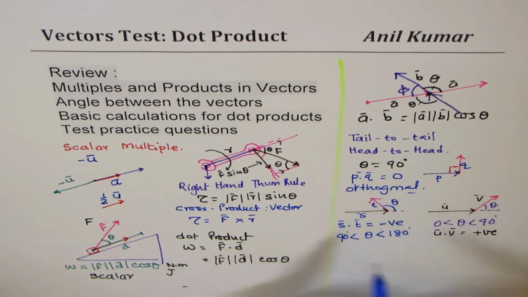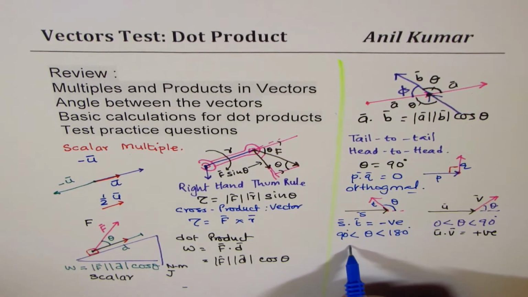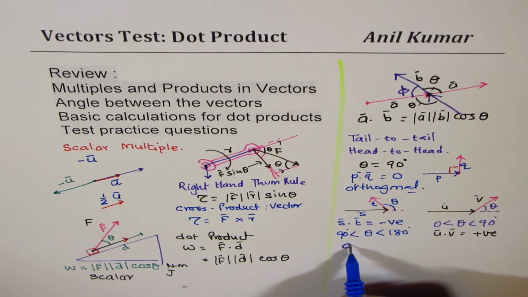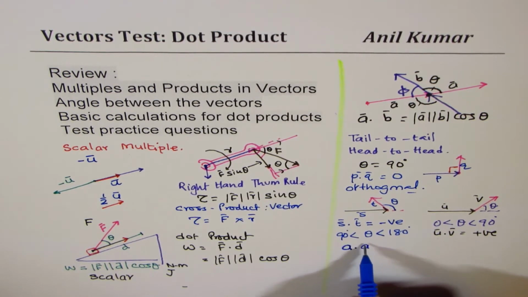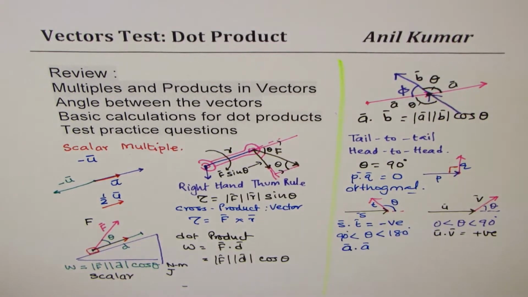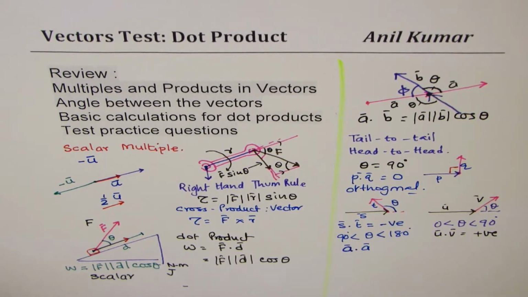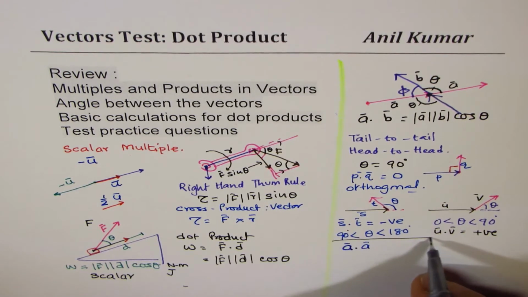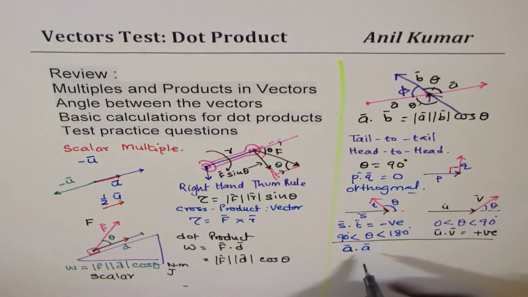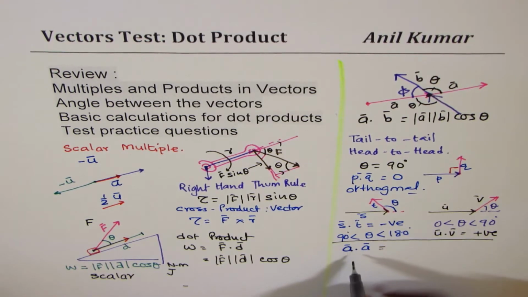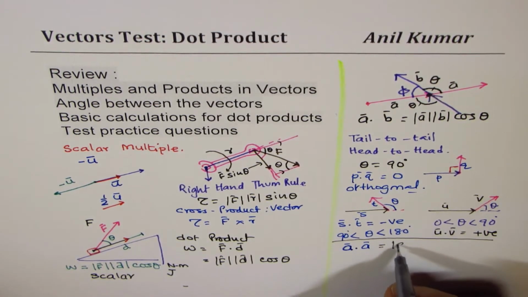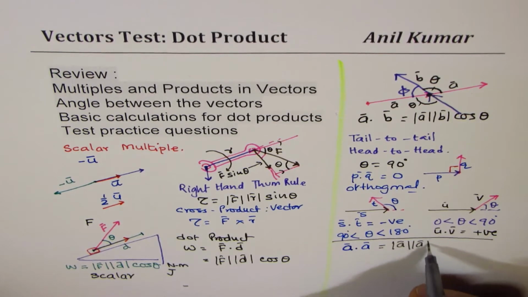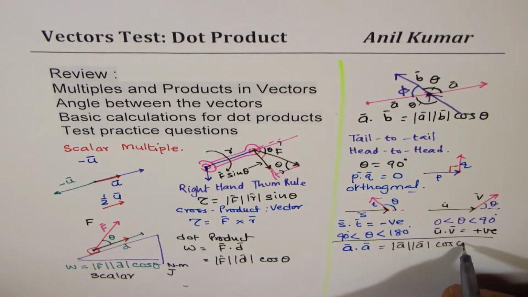in that case, if I have the dot product of A and A, the vector by itself, then what happens? Well, if I take this example, vector A dot A, the angle between them is 0. So it means magnitude of A times magnitude of A times cos of 0.